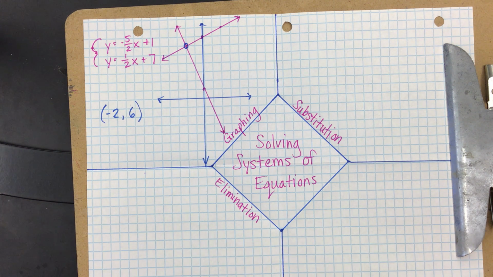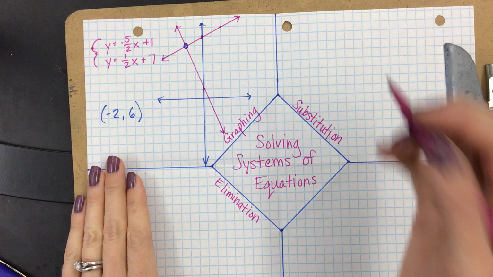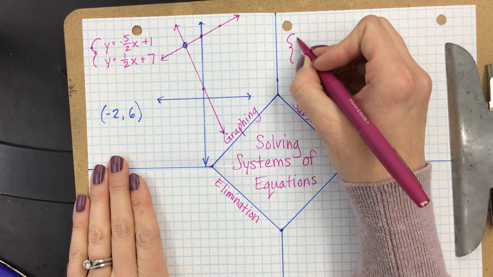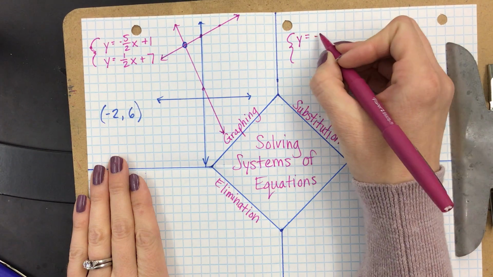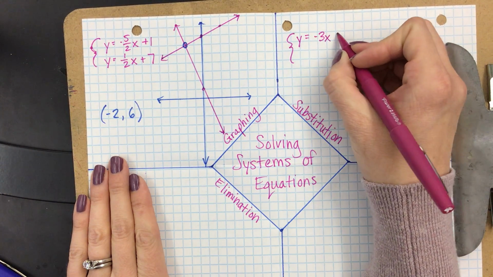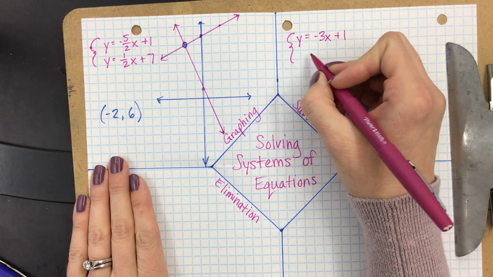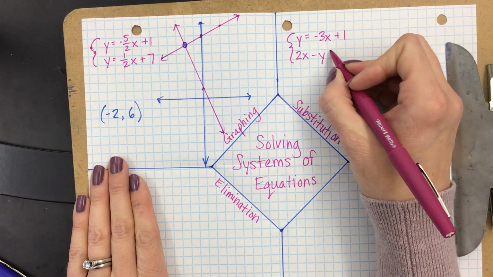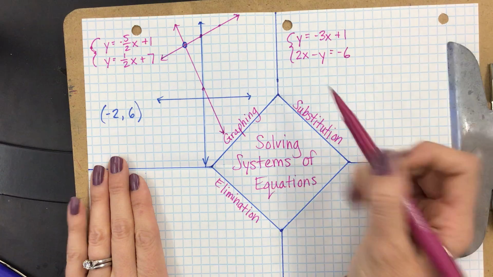Now let's take a look at substitution. You know it's a good candidate for substitution when one of the variables is already solved for, or it's easy to solve for one of the variables. For example, this system right here.